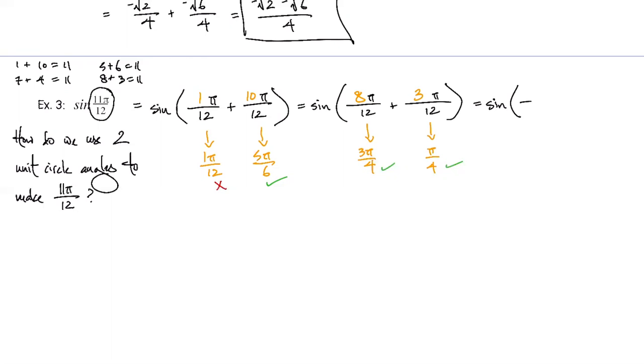We could have picked 5 pi over 12. Wait, does that one work? Nope, just kidding. That one doesn't work. Never mind.